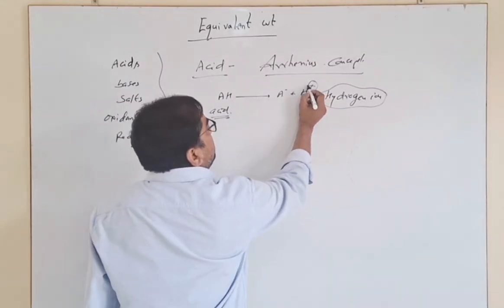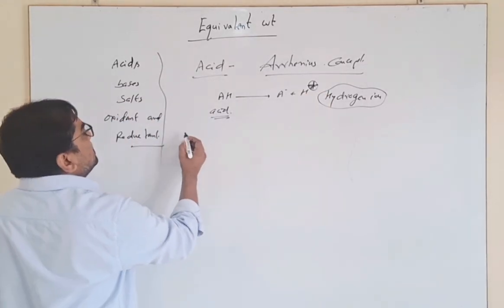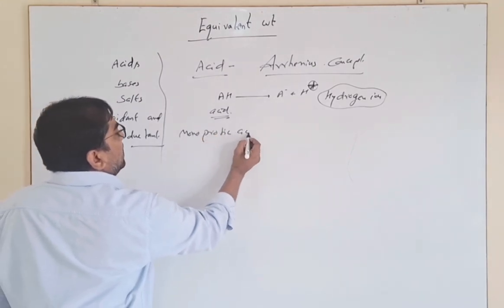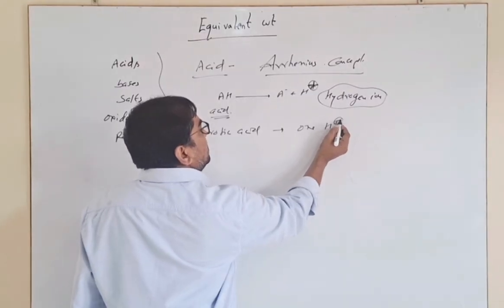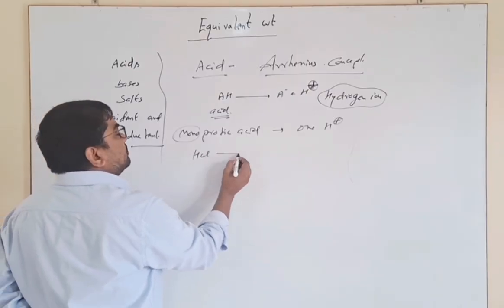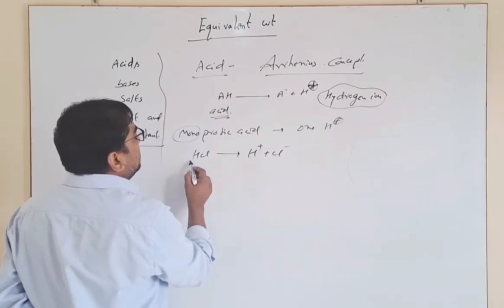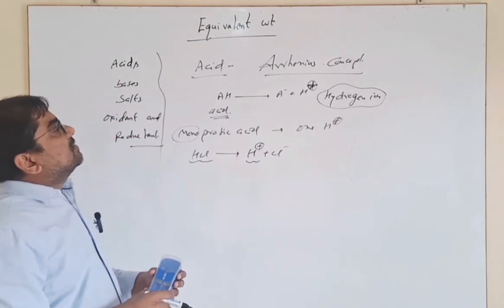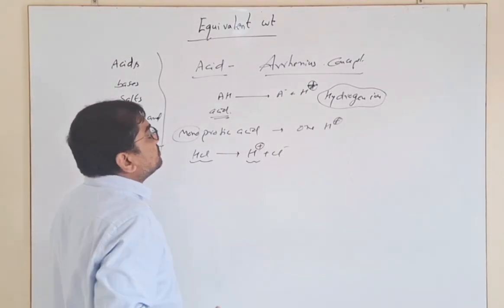On the basis of the number of hydrogen ions released, acids are categorized as monoprotic acid, those in which one H plus is released. Mono means one, like HCl. When ionized, it gives H plus plus Cl minus. HCl, hydrochloric acid, is a monoprotic acid because it releases one proton, one hydrogen ion in its solution.